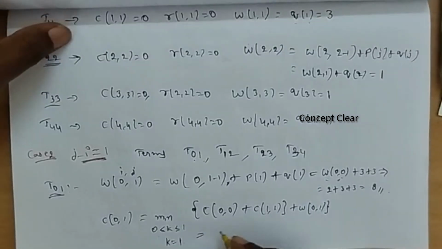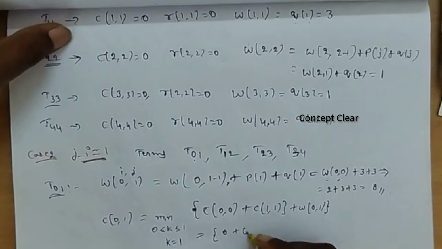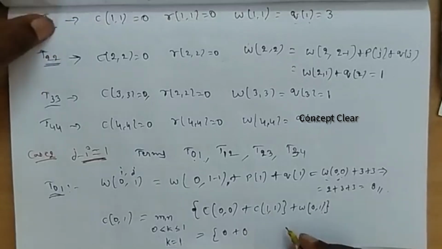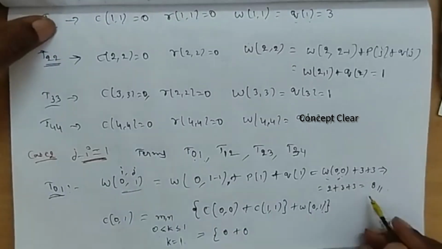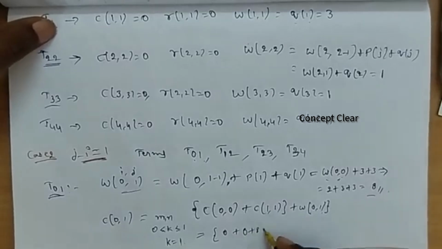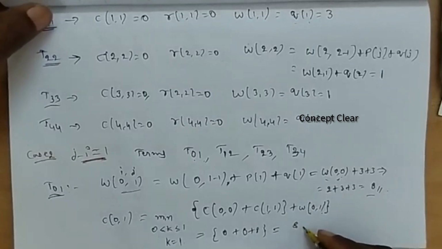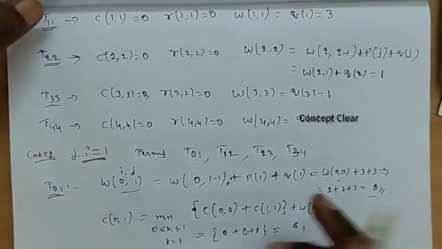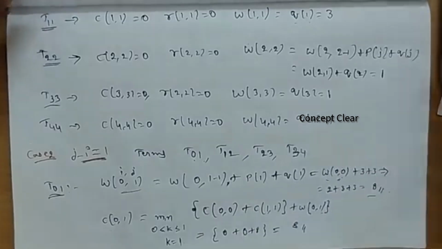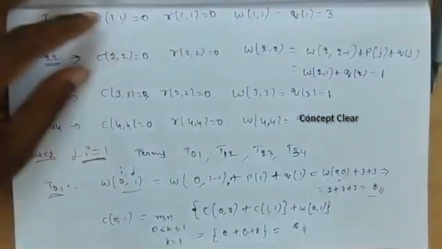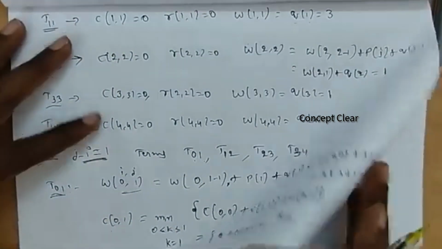Implementing this formula: C of 0 0 is 0 plus C of 1 1 is 0. W of 0 1 equals 8. So 0 plus 8 equals 8. The answer is 8. So update the C01 value also.